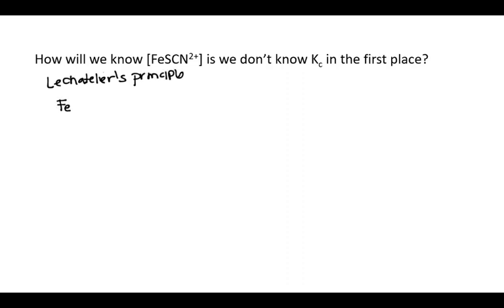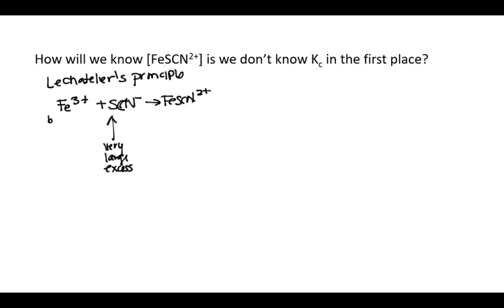So if we have iron 3+ and we add thiocyanate, we're going to make FeSCN2+, the iron thiocyanate complex. But if we add a very large excess of thiocyanate, then that will drive the reaction more and more toward the products. So basically we keep increasing the SCN concentration, and that pushes the equilibrium toward the product side.